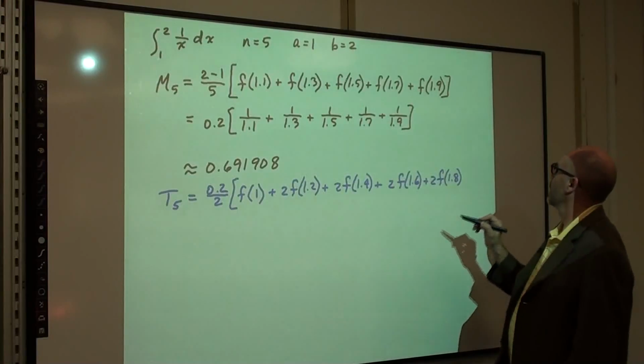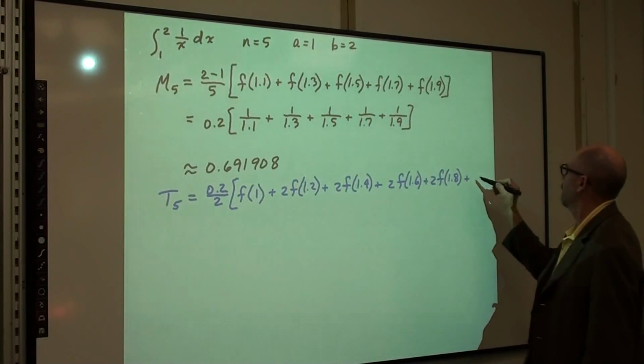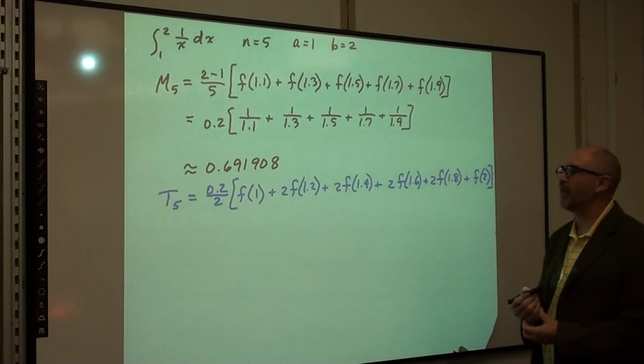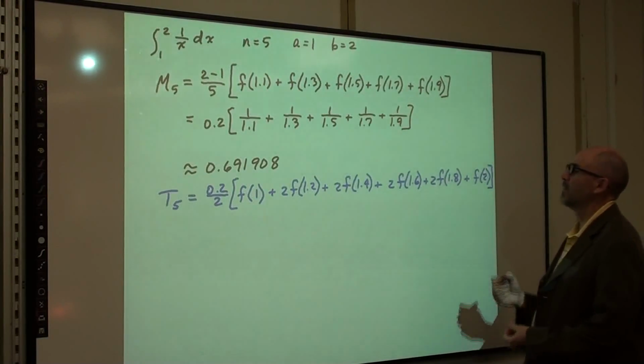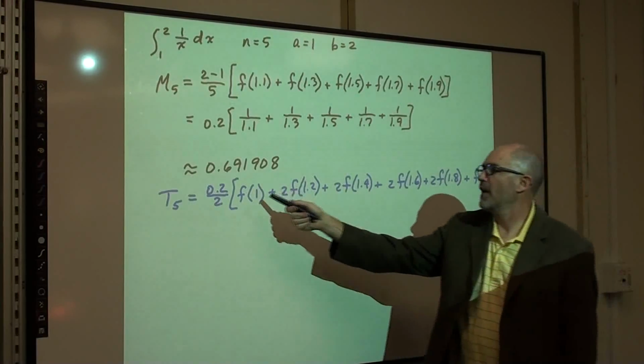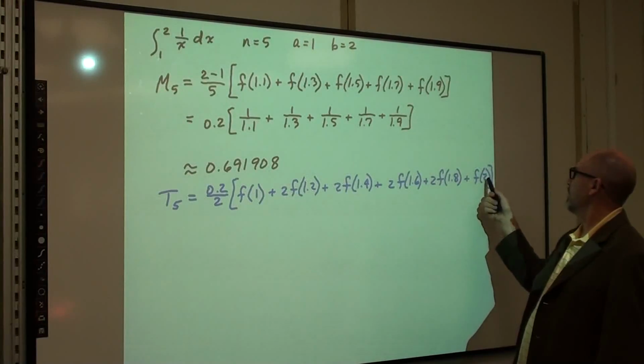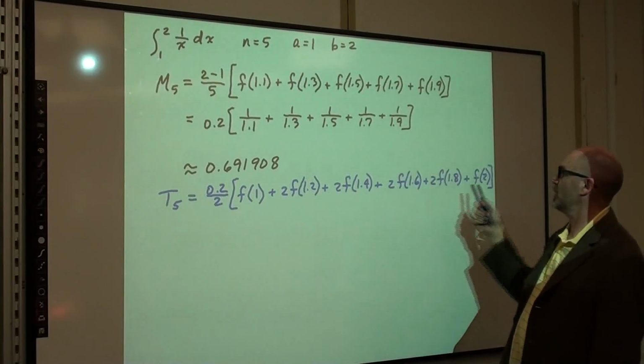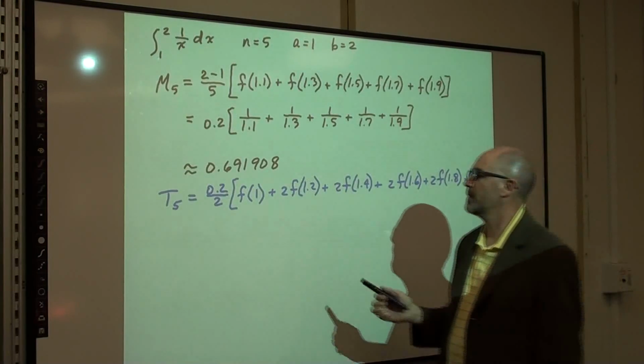Oh yeah, that's right. Plus f of 2. Yeah, I was thinking there was going to be 5. There has to be 6. There has to be one more because you have f of x sub 0 and f of x sub n. So this is our trapezoidal approximation.